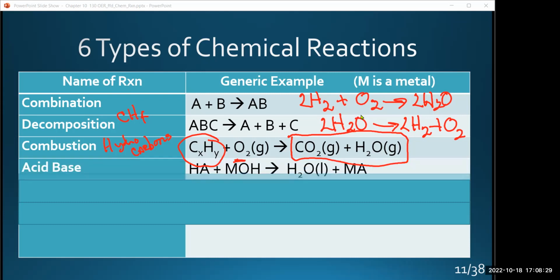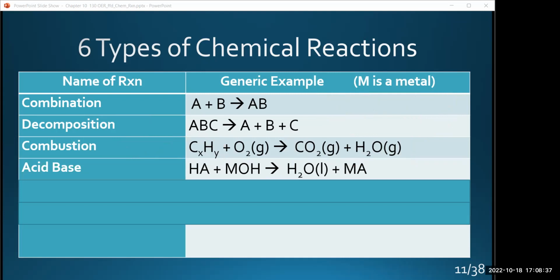Okay. All right. Acid-base reaction. We did this before. This is a neutralization reaction, because we have a covalent compound, which is an acid, that associates to form the proton, reacting with an ionic compound, which produces hydroxide.